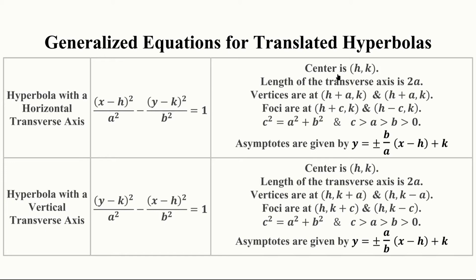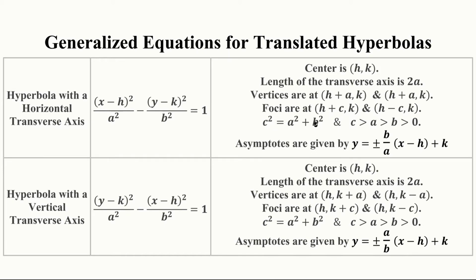Some of the things change, but notice the length of the transverse axis is still going to be 2a for both cases. The vertices are going to be shifted, of course. Don't panic about having to memorize all this. Once I show you the graph in a minute, you'll see how you can easily find all these without needing to sit there and panic about memorizing a bunch of little ordered pairs like that.